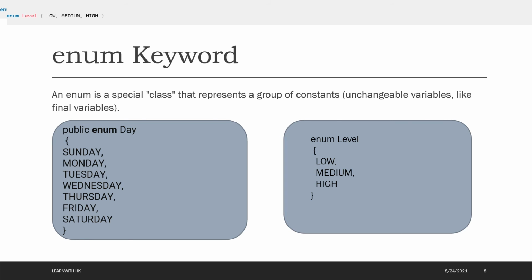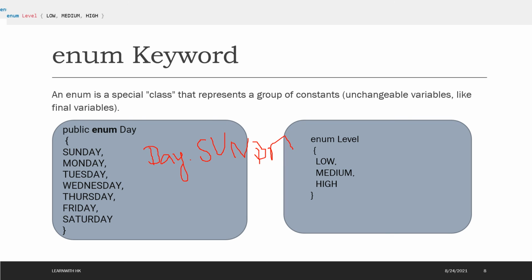The prettiness of this enum is that you're storing seven values in one enum called Day, and you can refer to them at any time. So if you have to refer to Sunday, you just need to write the enum name, that is Day, and a dot, and the name given in the declaration section.